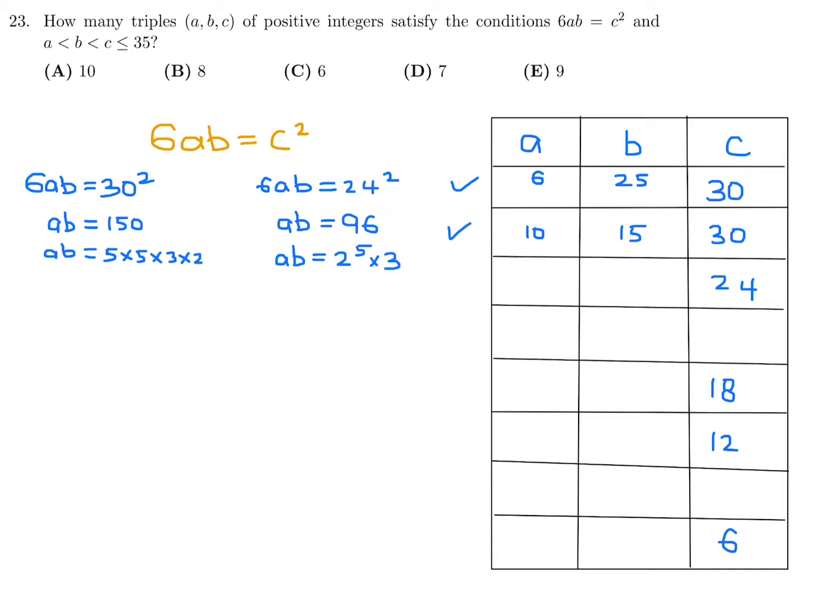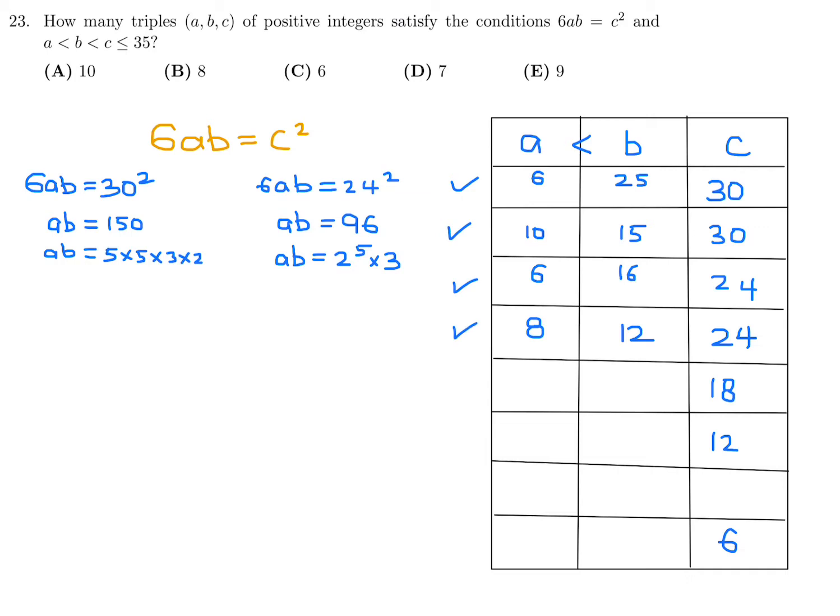So now we have to figure out how to make A and B so that A is less than B and A times B is 96. 16 and 6, that would be one possible way of doing it. And 12 and 8. Because remember, A has to be less than B. Okay, we got two more.